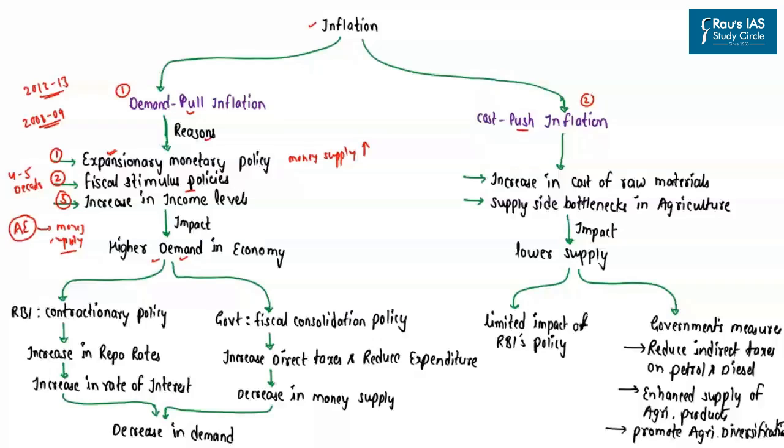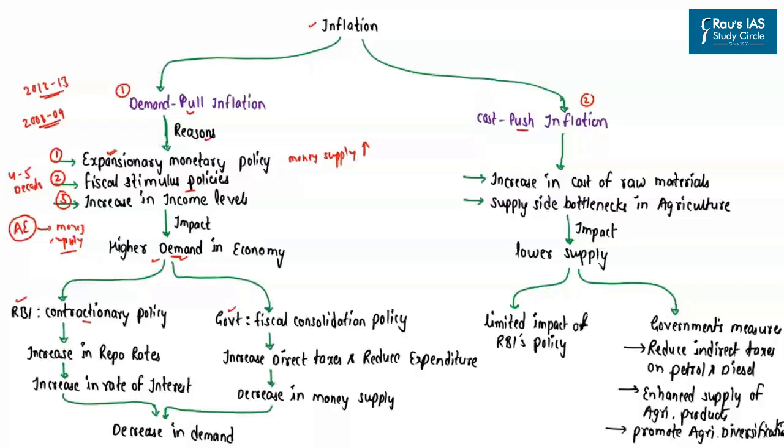So whenever inflation is taking place because of higher demand in an economy, both RBI as well as the government can take certain corrective steps in order to reduce the inflation. For example, RBI will adopt a contractionary monetary policy. As the name suggests, here the RBI will try to contract or reduce the amount of money supply in an economy.